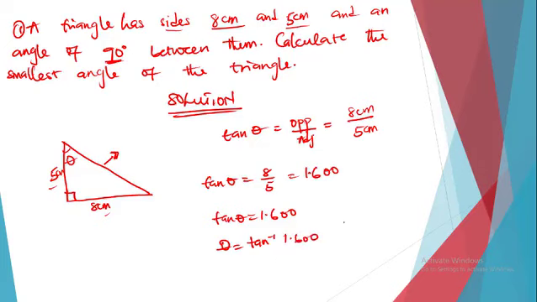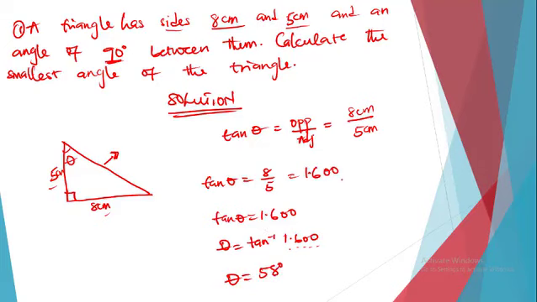How do we press this in the calculator? In your scientific calculator, the first thing you do is to press shift, then press tan. It will appear as tan raised to power minus 1 on the screen, and then you add 1.6, and you have that theta is equal to 58 degrees.